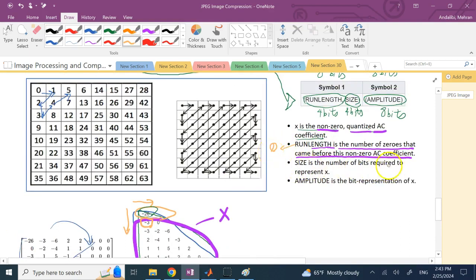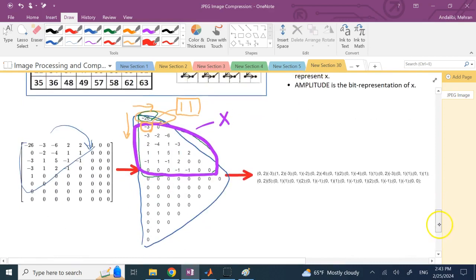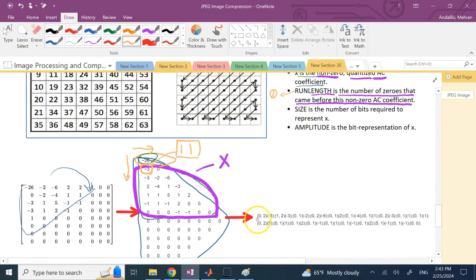Size is the number of bits you require to store x. Well, the number is 3. 3 can be written as 1 1 in binary, right? So you really need basically 2 bits to store the magnitude of 3.